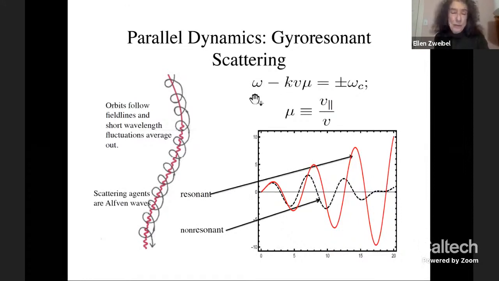If we imagine this being a wave with some frequency omega, wave number k, v is the cosmic ray velocity, and mu is the cosine of its pitch angle, if the Doppler shifted frequency of the wave is equal to a gyro frequency, so the particle goes one wavelength per gyro period, then it's kind of like a resonantly driven harmonic oscillator, and it will strongly respond. So we think that this gyro resonant scattering is the main source of that mean-free path for cosmic rays.